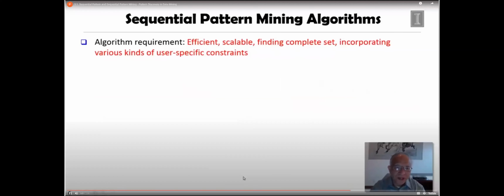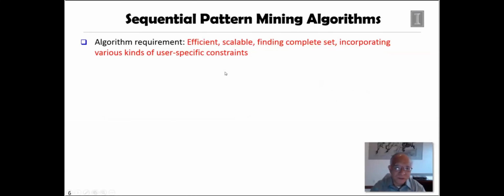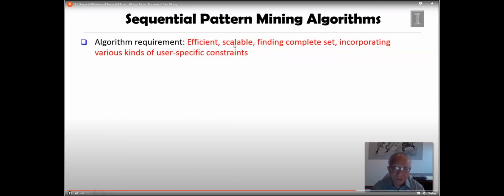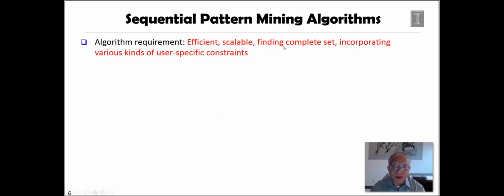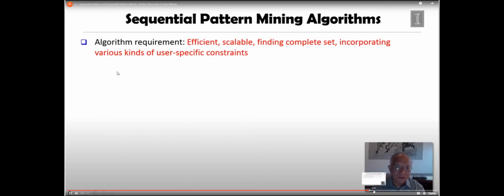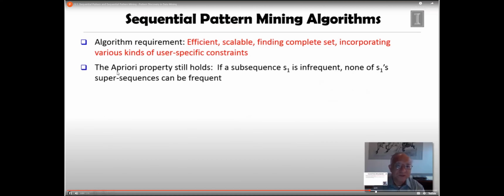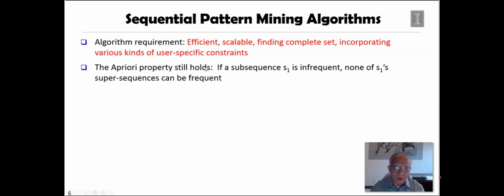So for sequential pattern mining, you try to develop algorithms which are efficient and scalable, and these algorithms should find a complete set of frequent subsequences, which we call sequential patterns, and also should be able to incorporate various kinds of user-defined constraints. The Apriori property we have used in frequent pattern mining still holds.